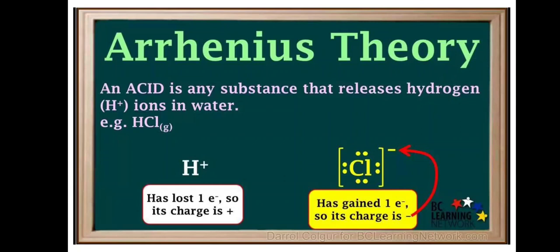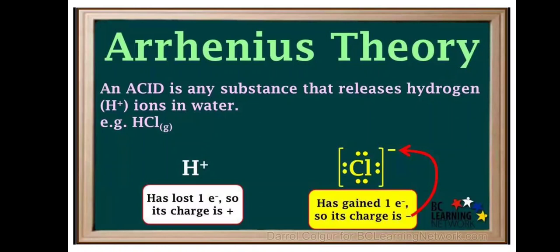Now, if we want to learn how the H plus ion is produced, it is clearly explained here. We know that hydrogen belongs to group 1A and it has one electron in its last shell, whereas chlorine belongs to group 7A and it has 7 electrons in its last shell. Chlorine wants to complete its octet, hence chlorine is sharing its electron with hydrogen's 1 electron and its octet is complete.